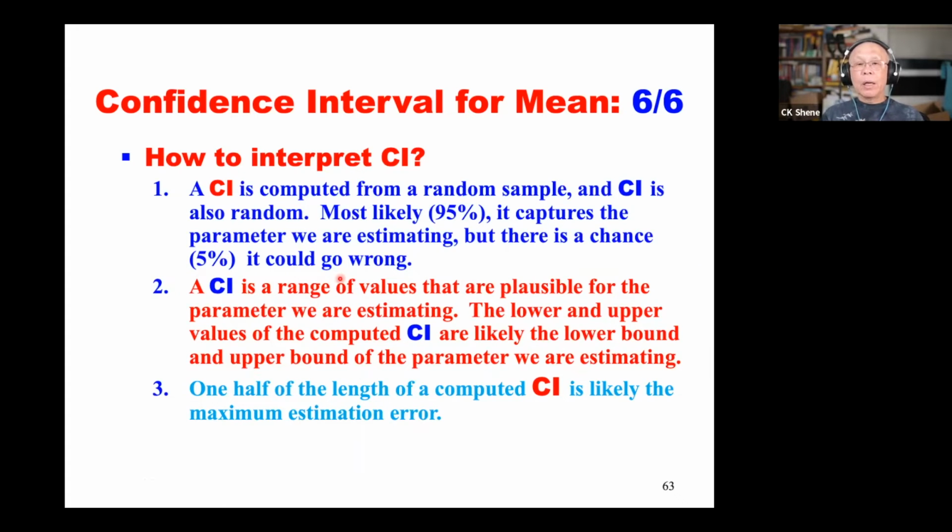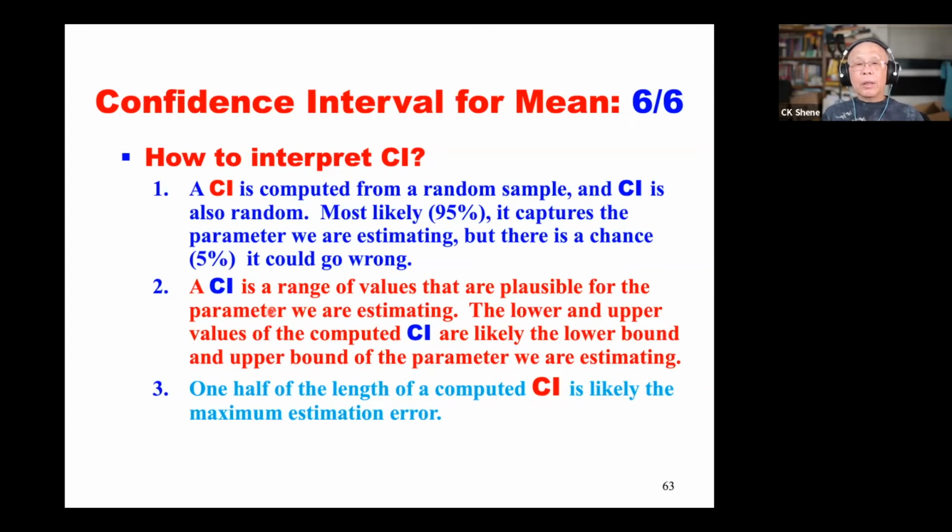We have seen that. If we choose confidence level to be 95%, the computed CI would have 95% chance to capture the parameter we are estimating. But there is still 5% it could go wrong.